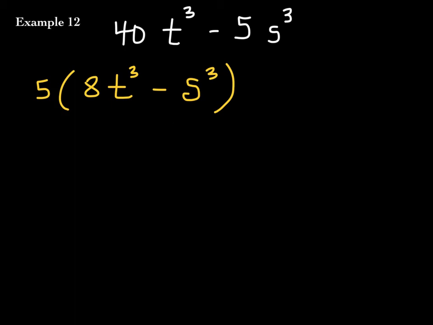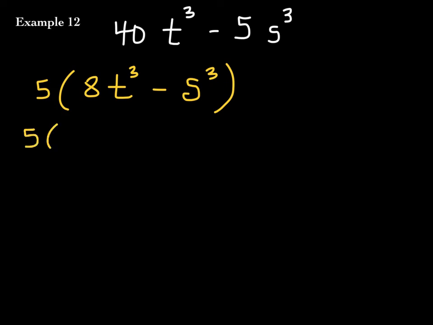Now, are we done or do we keep going? Well, this is a difference, and it's a binomial. So your options are difference of two squares or difference of two cubes. 8 is not a perfect square, but 8 is a perfect cube. It's 2 times 2 times 2. So we have a difference of two perfect cubes here, so we're going to factor it as such.